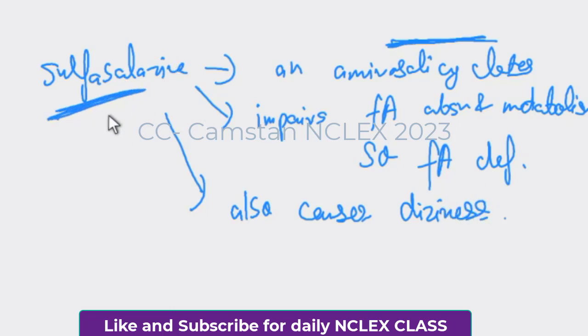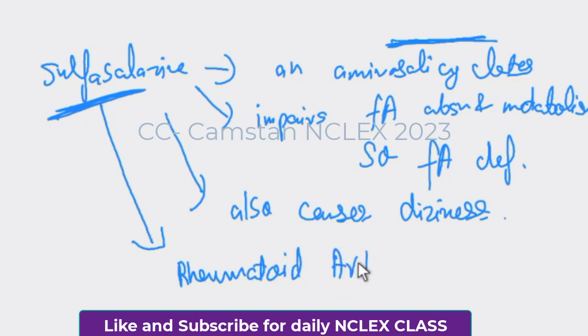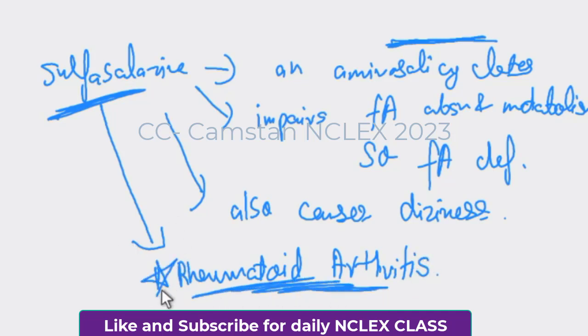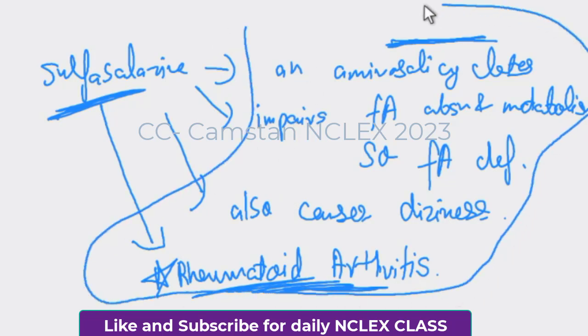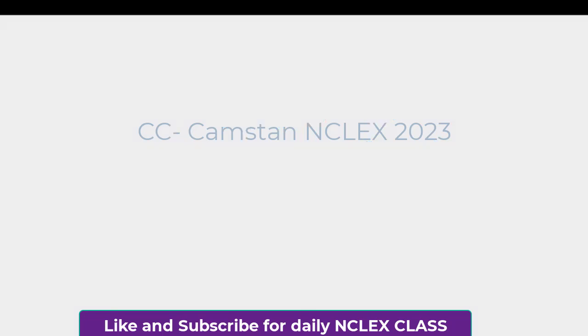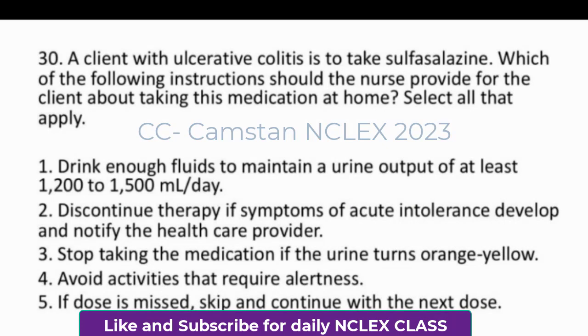Now, other than treating ulcerative colitis, it can also be used to treat which other disease? Rheumatoid arthritis, right? So it can also be an important exam question. These are all important points, just do not forget them, right? Now moving back to our question, let's read the options.